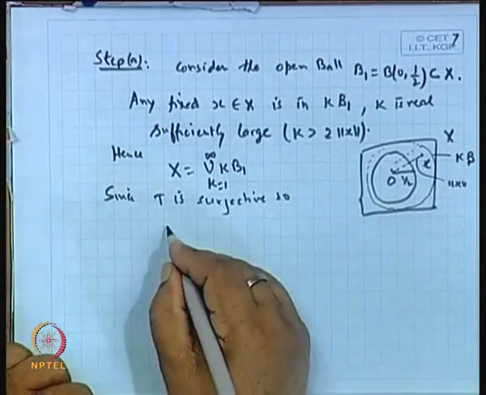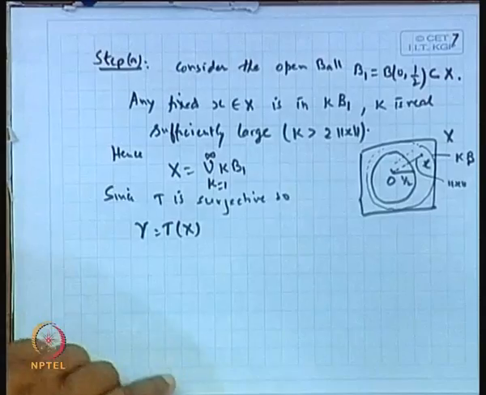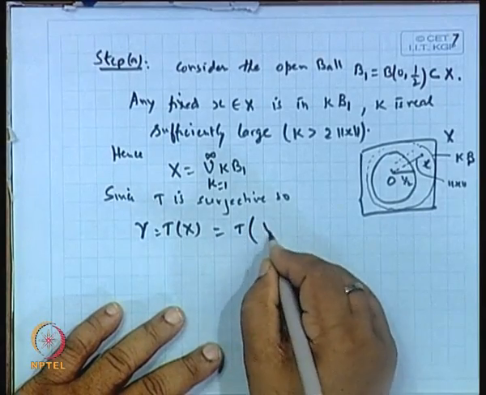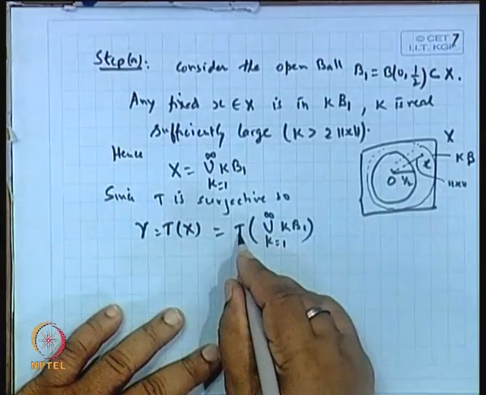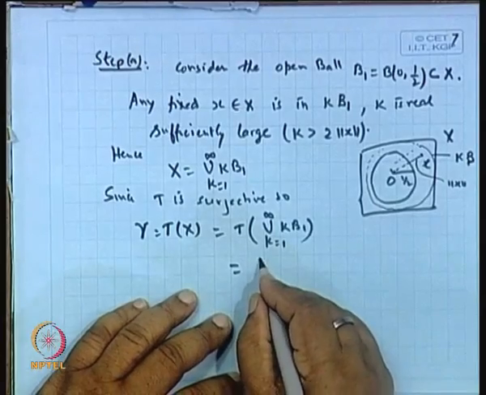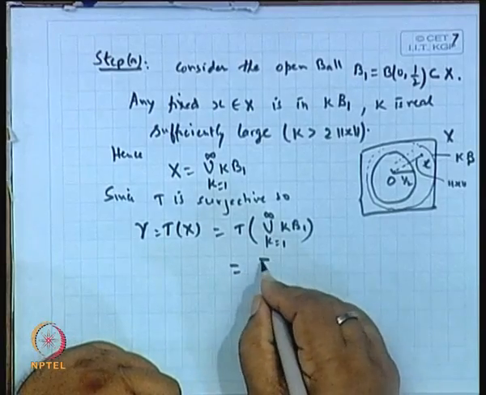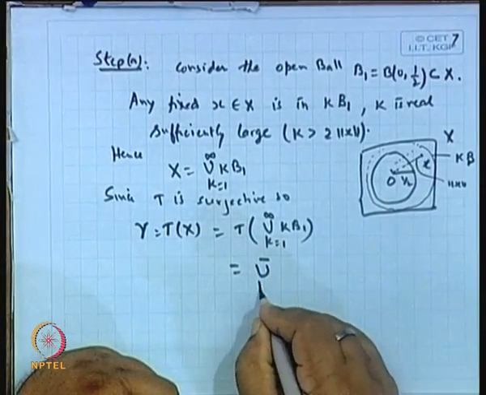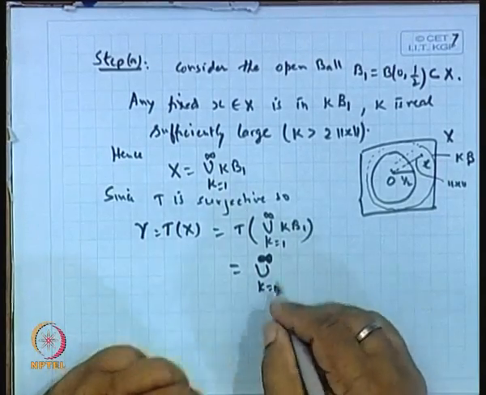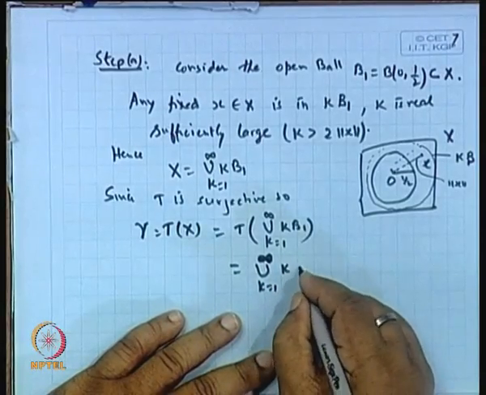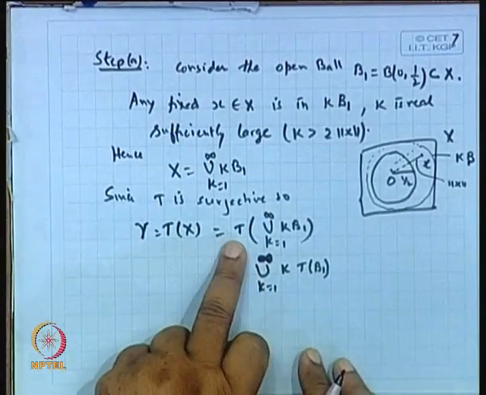So, the image of T x, which is the whole Y, is T of this union, but T is a linear operator. So k can be taken outside and we get the union over k equal to 1 to infinity of k T B1, clear, because T is a linear operator.